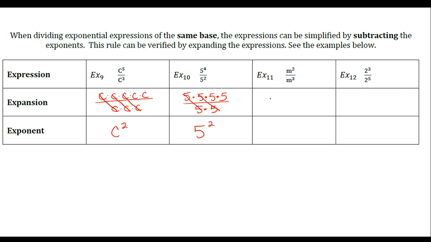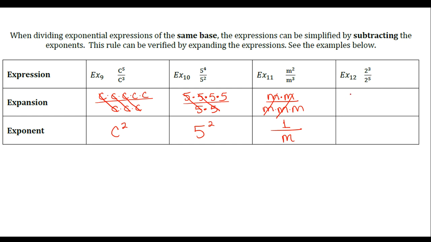Number 11, we have m times m in our numerator, and then m times m times m in the denominator. We're going to cancel. So notice here, there is nothing left in our numerator, so we can't leave it empty. So remember, we're going to use a 1 over m to the first, or just m.